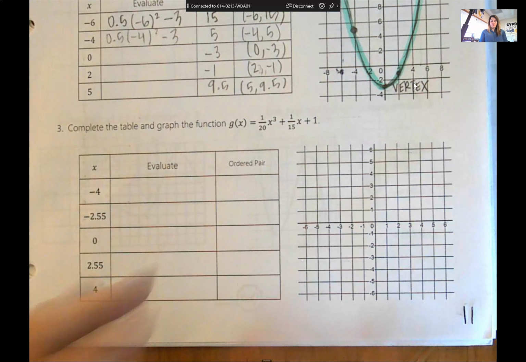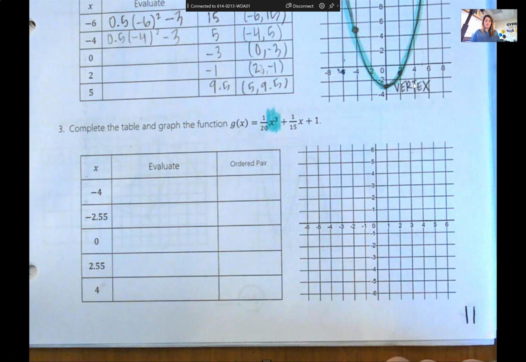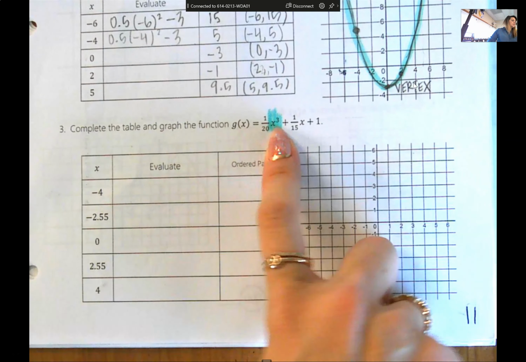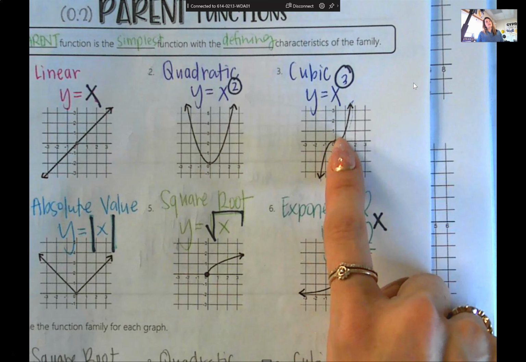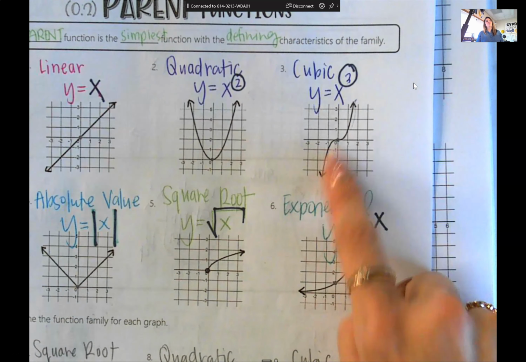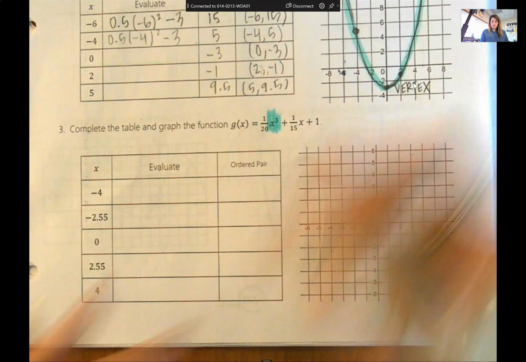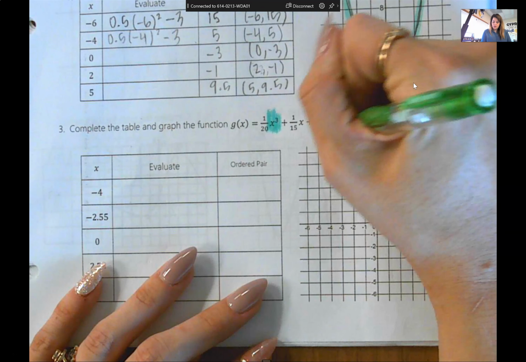The first thing that I want to do is identify what my shape should look like. This guy is an x cubed, so I'm going to go back to my parent functions page and remind myself what a cubic function looks like. I know that he's going to be like a roller coaster.